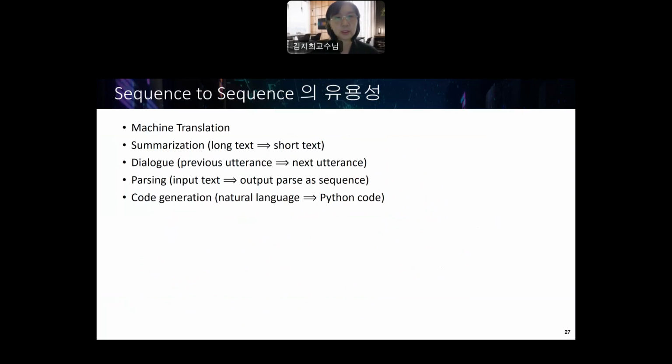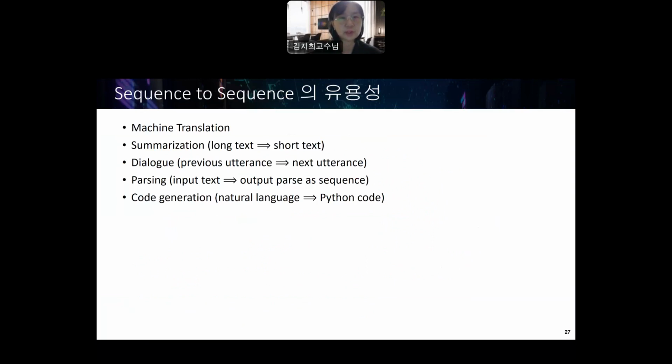Okay, that's the introduction of sequence to sequence, and this part shows the applications of this model. Apparently, we use this for machine translation, but it can be used for summarization. Given long text, we can create short text, like translating long text to short text.